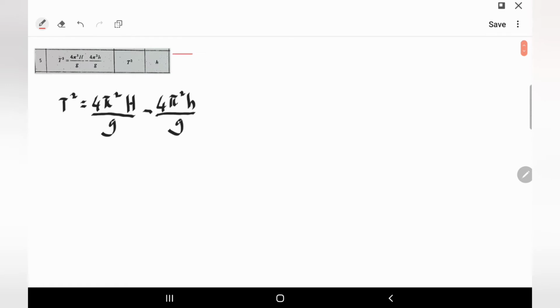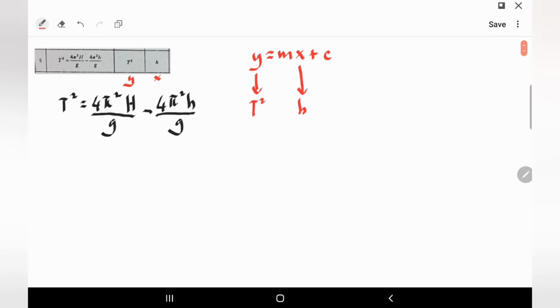So this is the y component and this is the x component, isn't it? The main equation for any linear graph is y equals to mx plus c. So we need to arrange the equations where y is t squared and x is h.